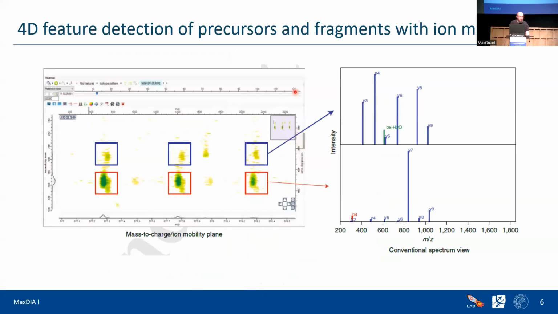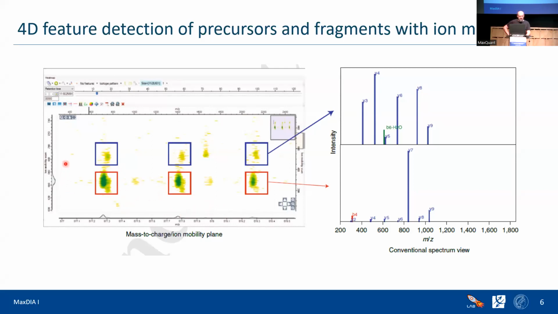And so we do the feature detection on the fragments also for timsTOF data, or in principle everything that has an ion mobility dimension, but at the moment support is there only for Bruker timsTOF Pro data. For example, here you can see a case where you have two peptides which have very similar mass to charge ratio distribution, so very similar isotope patterns, and were also not resolved by retention time.